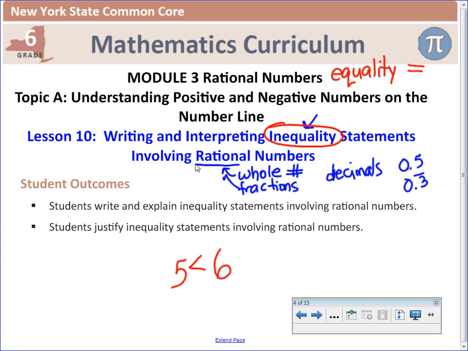Exactly, I could have a greater than or less than sign. So those are the symbols we use for inequalities. There's also a sign like the equal sign with a line through it. Yep, that would mean greater than or equal to, and that's something we're going to get into another day. But for today we're just going to look at inequalities using the greater than or less than sign.